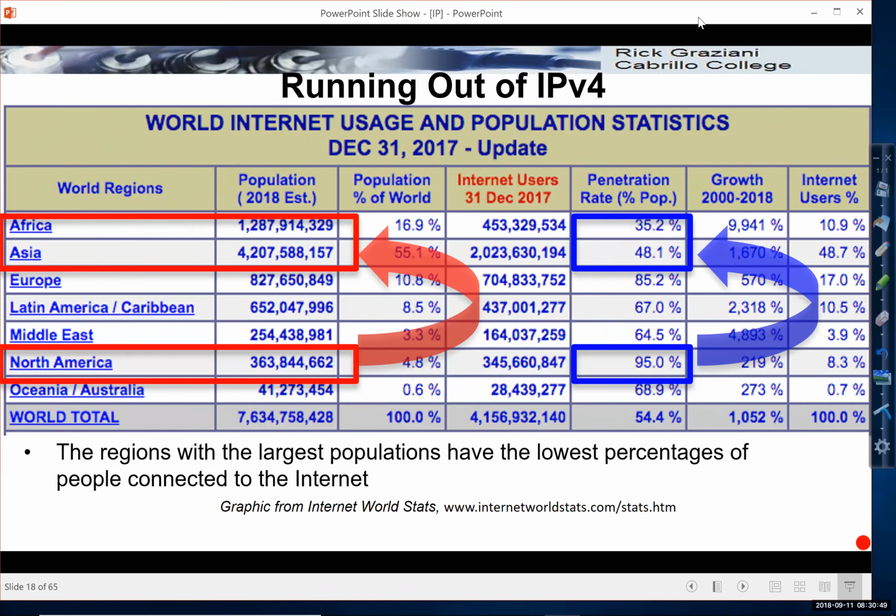Okay, look at that 5 billion people. Only about 40% of them have internet connectivity. And even in North America, we have more devices, we have Internet of Things. We're going to really need to start to transition to IPv6.